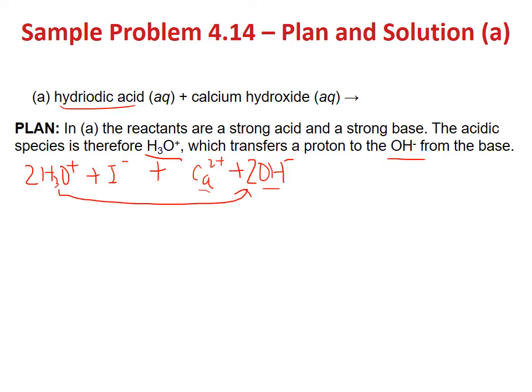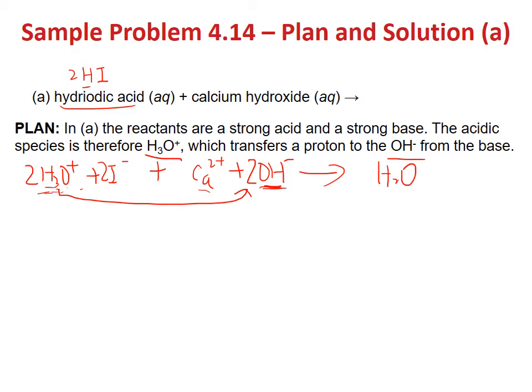And if you have two hydrogen ion, the iodide must also have two, because you have hydrogen iodide, and one hydrogen iodide forms one hydrogen ion. You need two of them to form two hydrogen ion and two iodide. Now, when hydrogen ion transfers hydrogen to hydroxide, it forms a water molecule. So two water molecules come from two hydroxide.